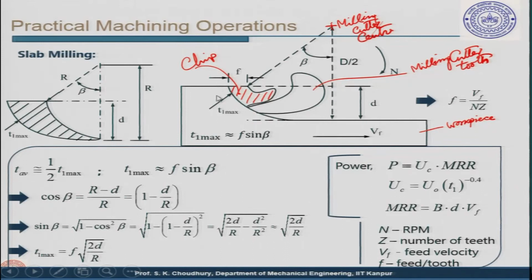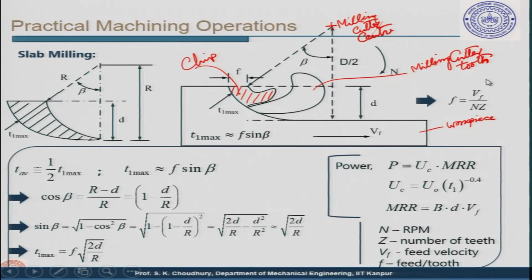In one revolution of the milling cutter, the workpiece moves a distance called the feed, like I explained in the case of turning. So, this is the movement of the workpiece in one revolution of the milling cutter.